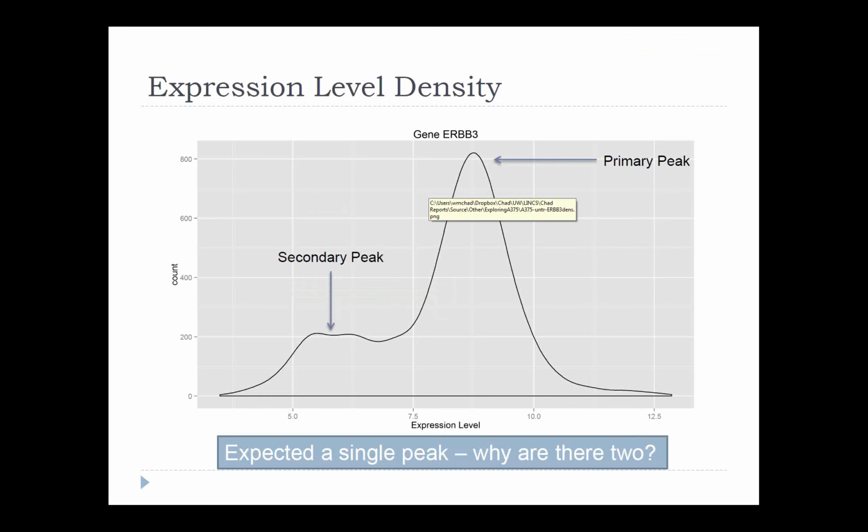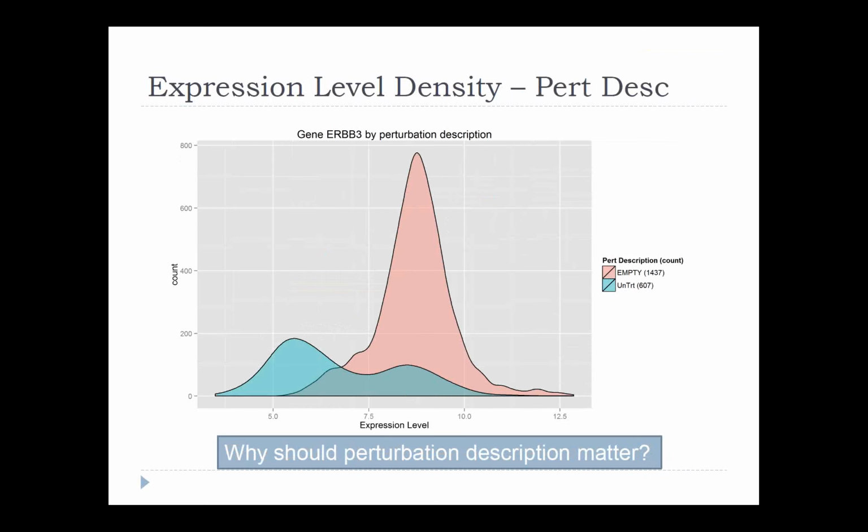And so what I did was I went back to the metadata and looked at various fields that are different between the untreated A375 experiments. And there were two in particular that jumped out at me as yielding very different profiles. The first is this perturbation description field.